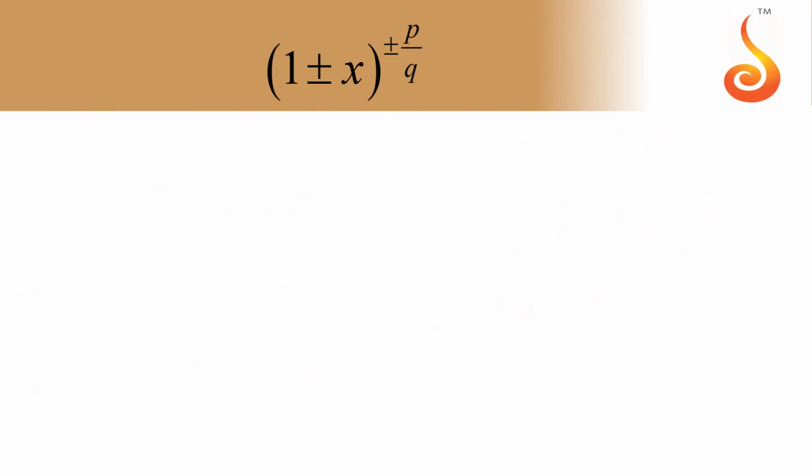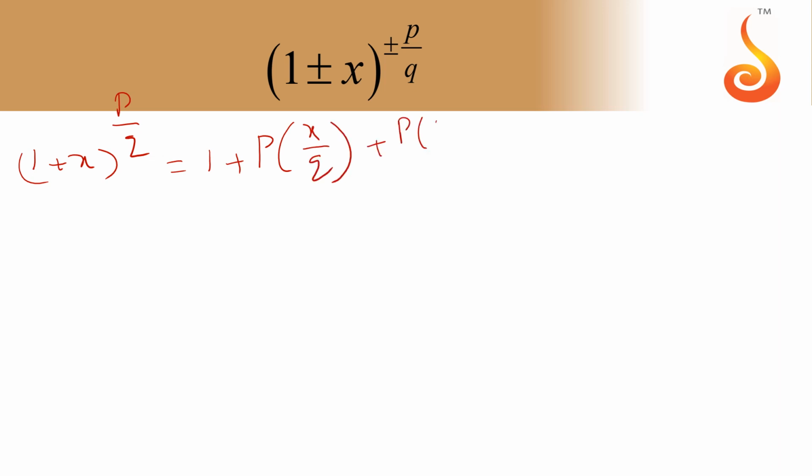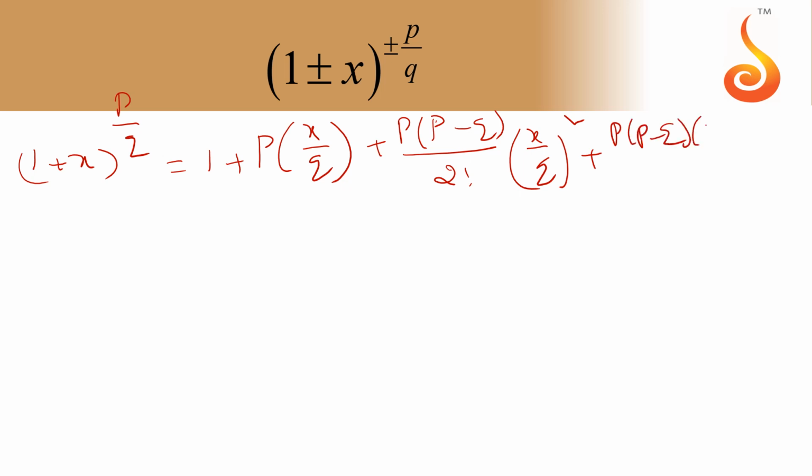Then if the power is a fraction, there are 4 possible formulas here. (1 plus x) whole to the power of p by q. The formula will be 1 plus p into (x by q) plus p into (p minus q) by 2 factorial into (x by q) whole square plus p into (p minus q) into (p minus 2q) by 3 factorial into (x by q) whole cube plus so on.